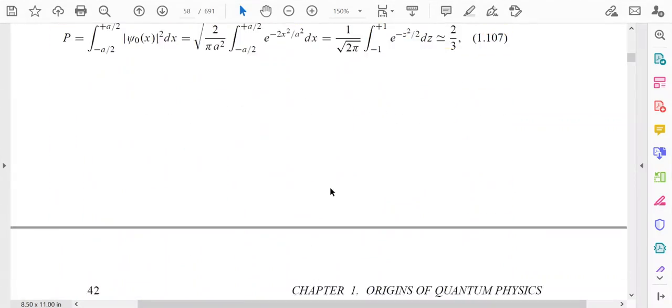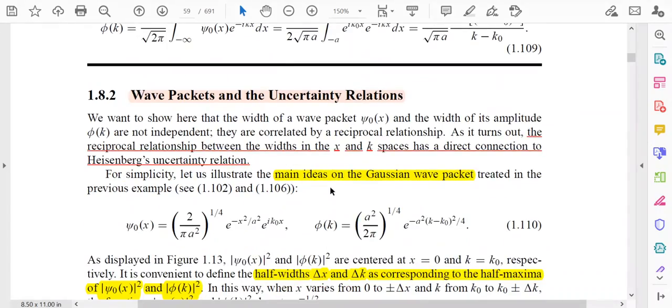Now I will discuss the wave packets and the uncertainty relation. So how can we get the idea of the uncertainty relation from the concept of wave packets? We want to show here that the width of a wave packet psi 0 x and the width of its amplitude phi k are not independent.